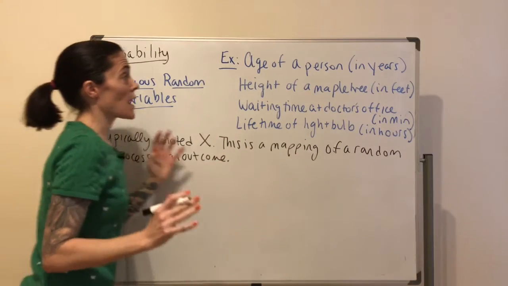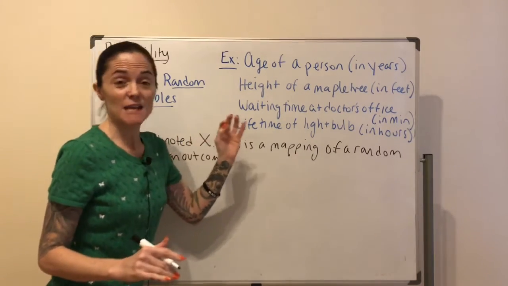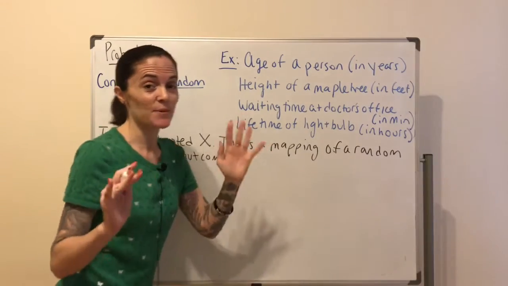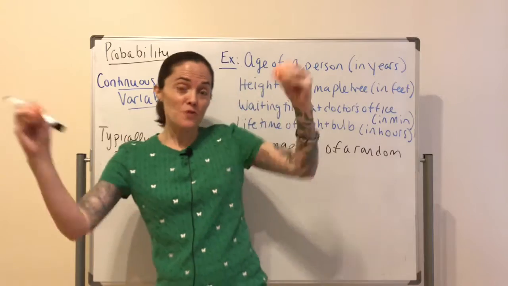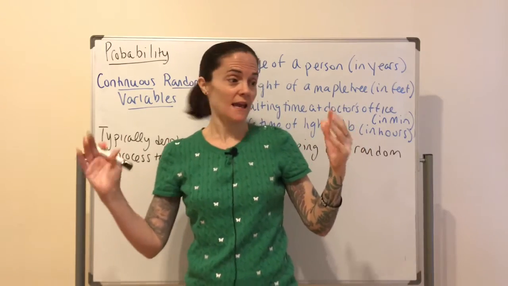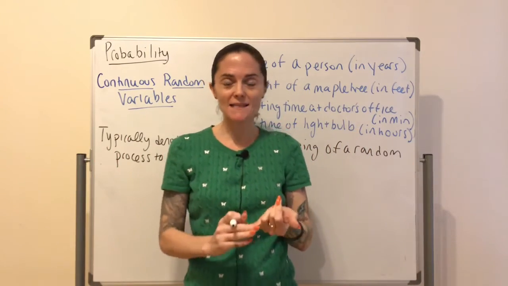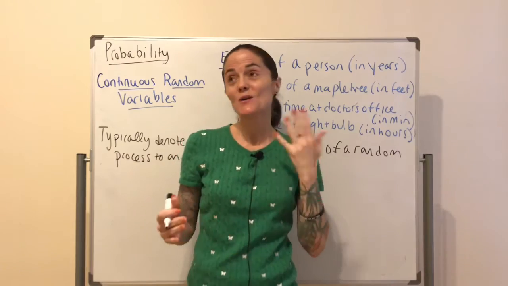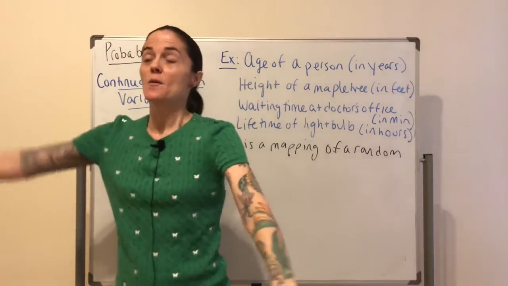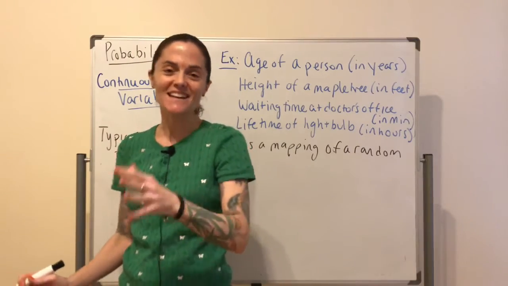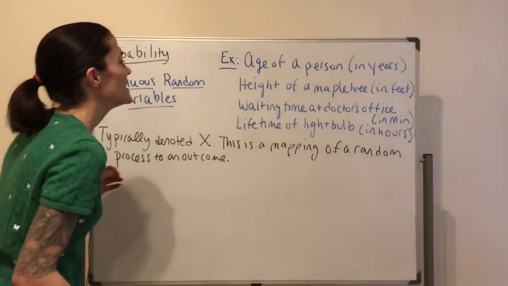So the random process, for example, if it's the age of a person in years, is capital X, it would be maybe pick a random Boston resident and figure out their age, either by asking them or checking their license, something like this. Or walk into a cafeteria, pick a person at random and find out their age, like this, okay?